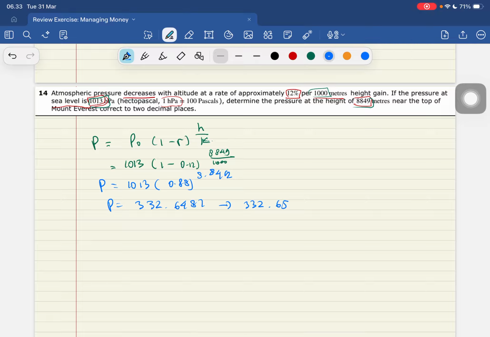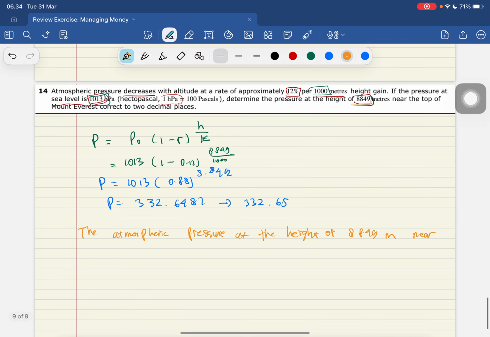So the atmospheric pressure at the height of 8,849 meters, near the top of Mount Everest, is 332.65 hectopascals. Okay, there it is. Thank you.